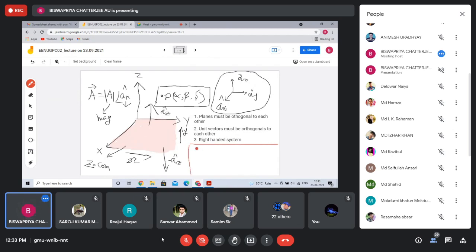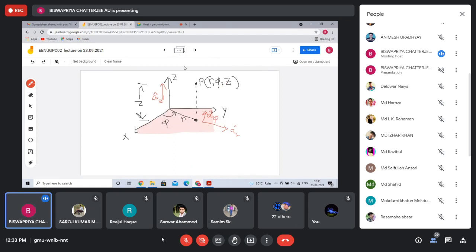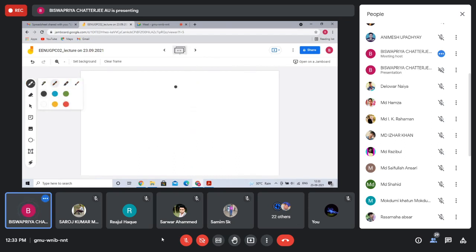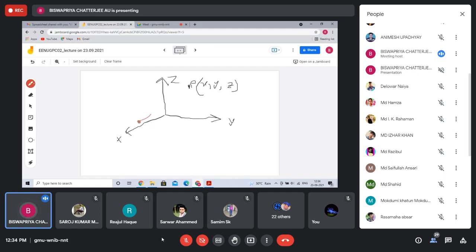So if you rotate A X, this is for Cartesian: X, Y, Z are the three directions, with A X cap, A Y cap, and A Z cap.